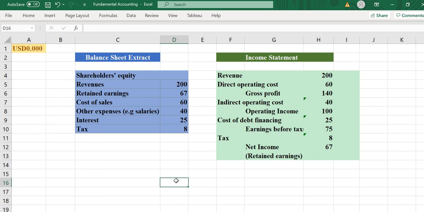So that's all about the income statement. So let's review some important points. Hope it helped.